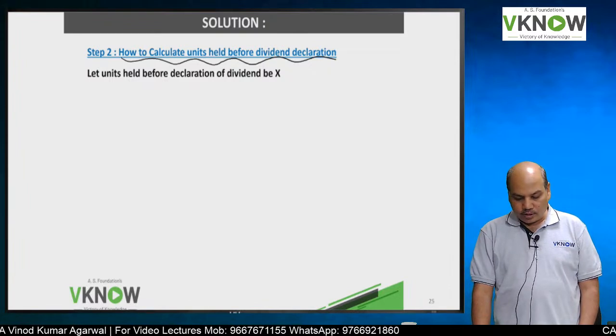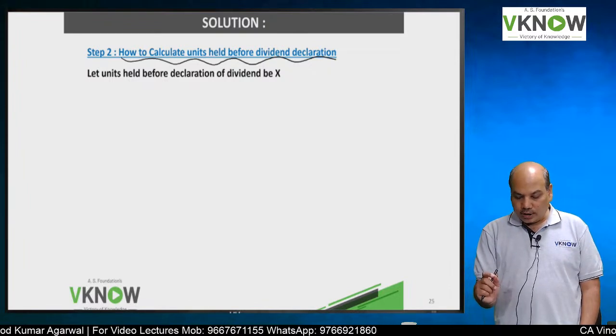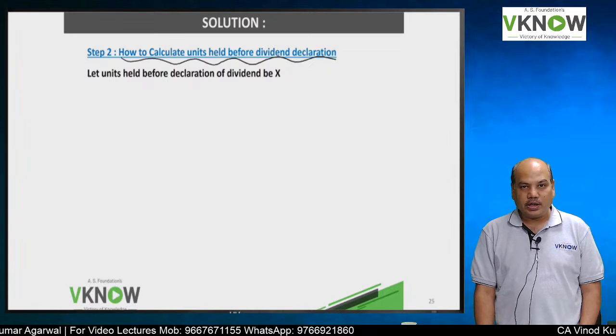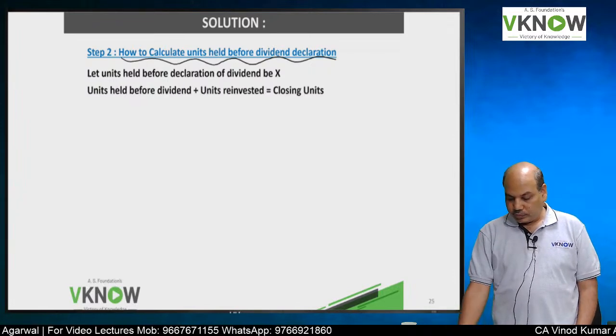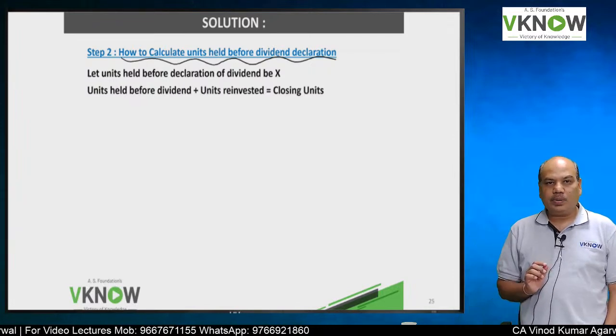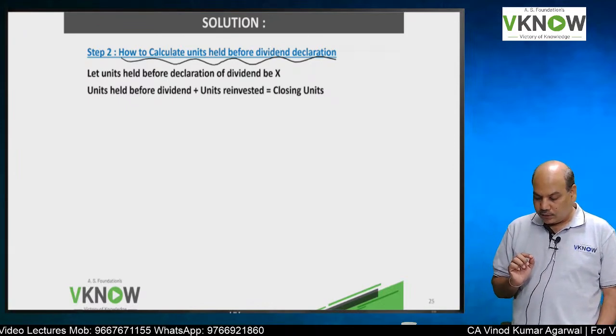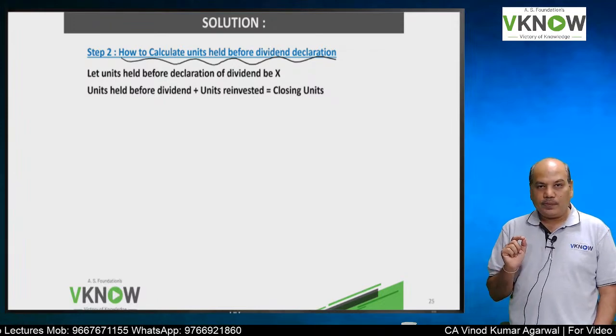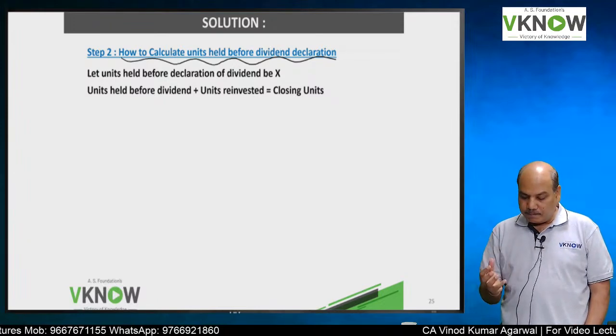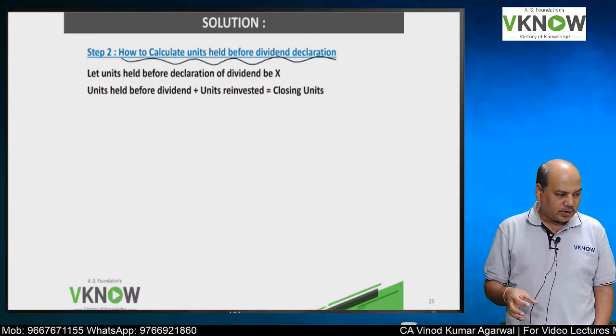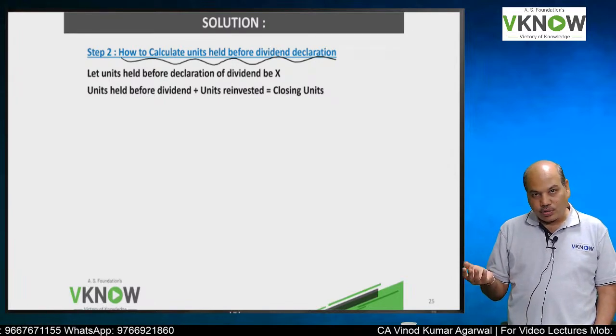We have to solve an equation. So let units held before dividend declaration be X. Therefore, units held before dividend declaration plus units reinvested is equal to closing units.